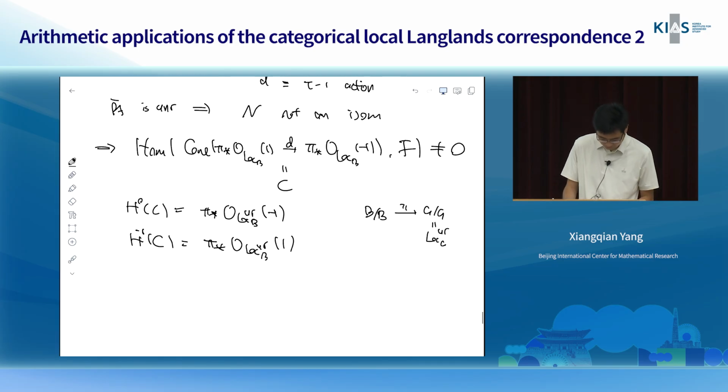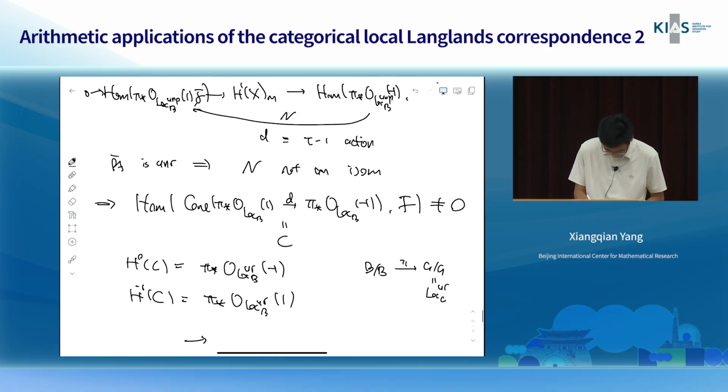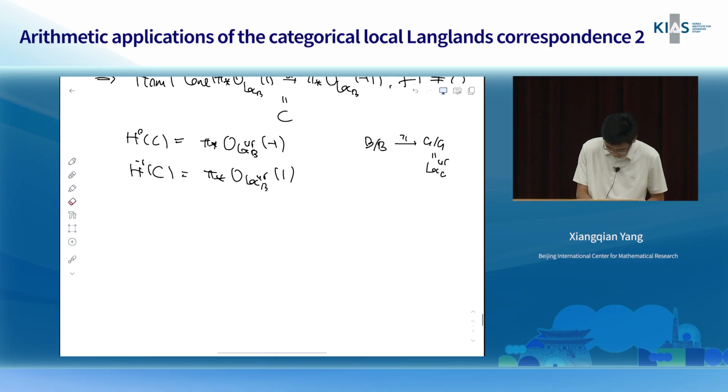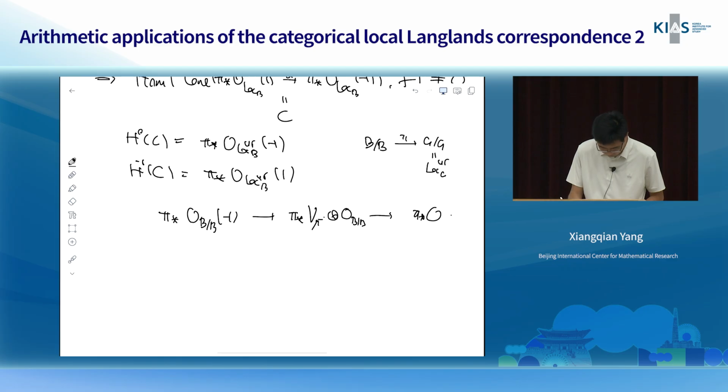And again, we have a similar distinguished triangle. So pi star O on B mod B minus 1 maps to pi star V mu inverse times O on B mod B 1. Okay, and this is just O on G mod G, but two copies of it, tensored with V mu inverse.